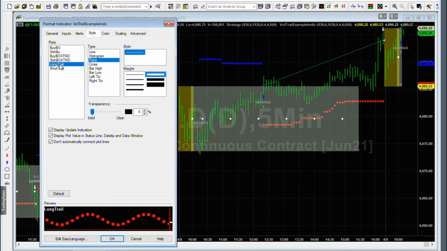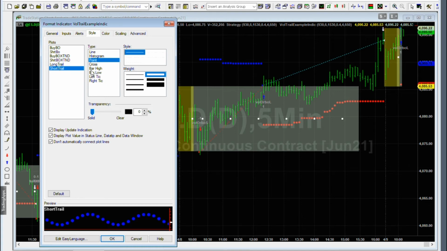The long trail, once you get into a long position, is a point, somewhat thick, with zero transparency, and I don't automatically connect the plot lines. If I did that, then it would go from the end of the day to the next day, and it'd be a line going straight up. I just wanted the trailing indicator to be plotted on today's data.